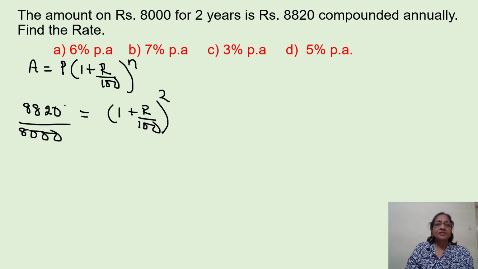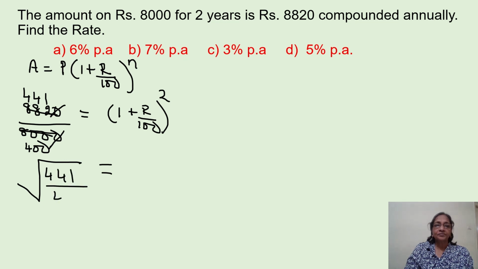Now if you look at this, this goes cancel by 2. So basically what you're going to do here is take the square root. Why square root? Because it is for 2 years. Square root of 441 upon 400.